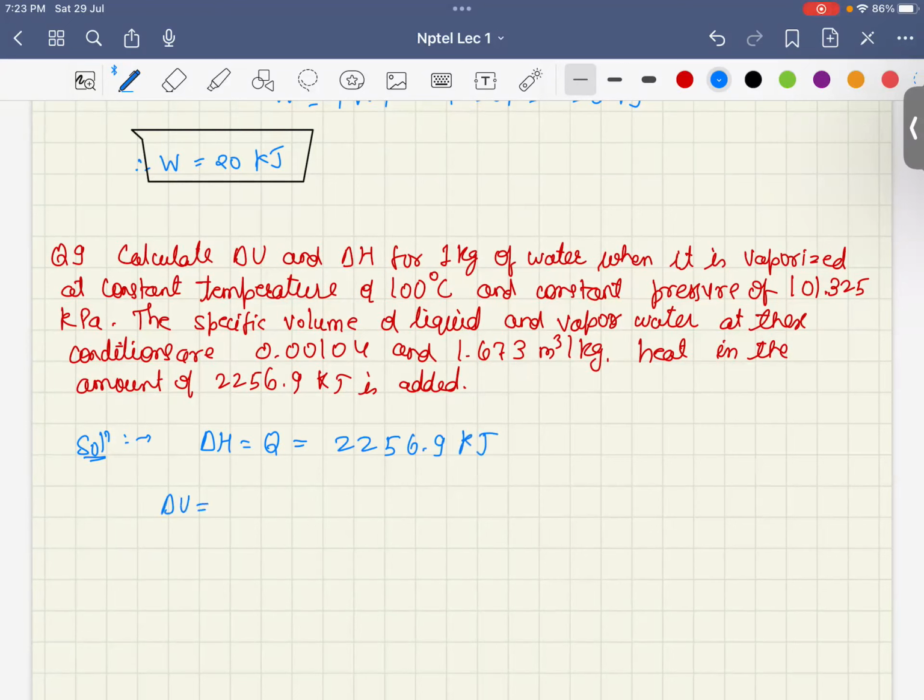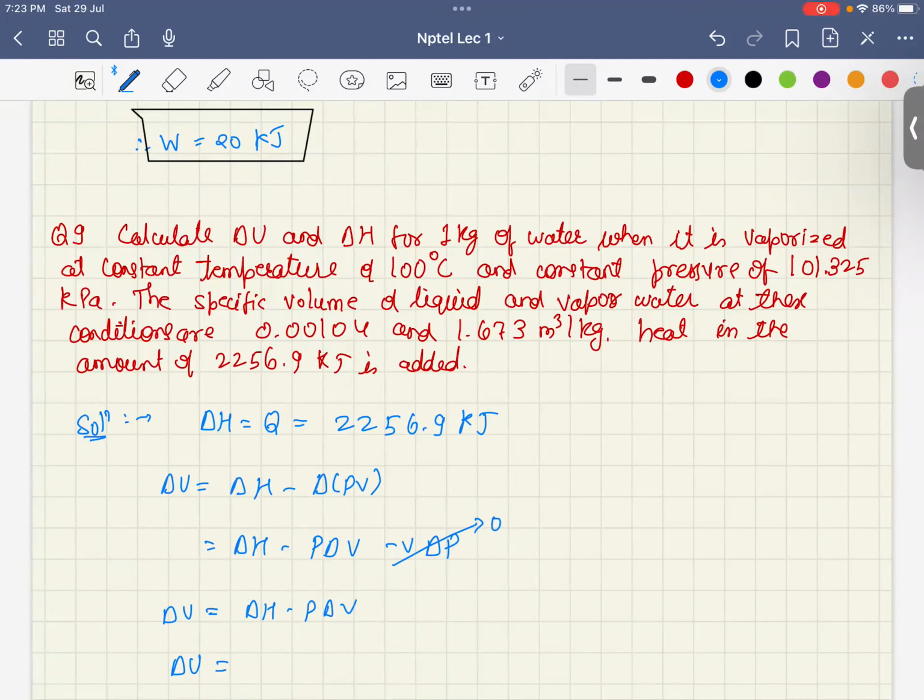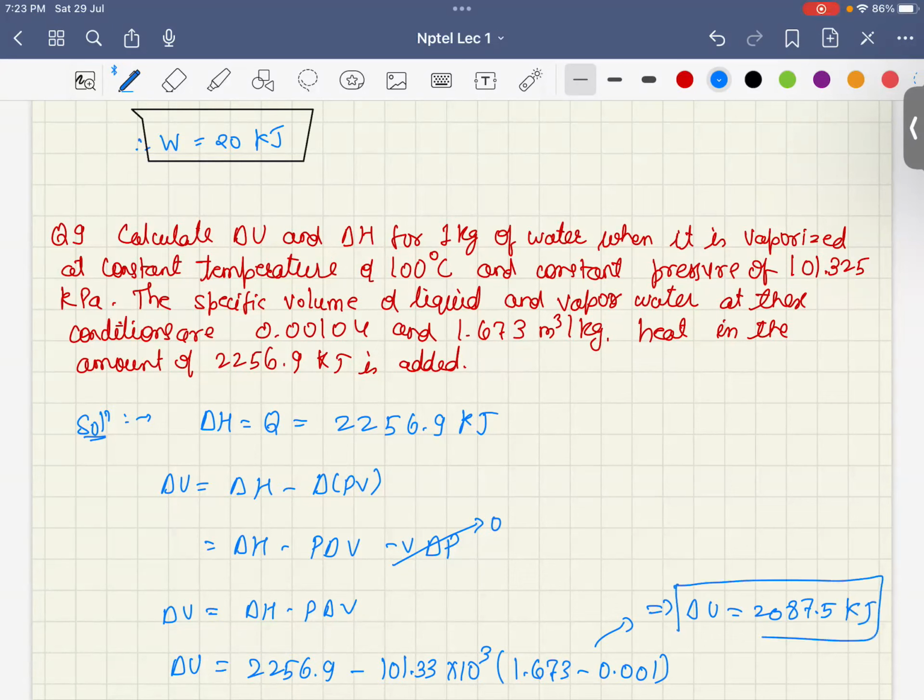And delta U is nothing but delta H minus delta PV, which is delta H minus P delta V minus V delta P. Pressure is going to remain the same, so it's going to be delta H minus P delta V. When we put in the values, this is 2256.9 minus 101.33 multiplied by 10 to the power 3 times 1.673 minus 0.001, which gives delta U as 2087.5 kilojoule.